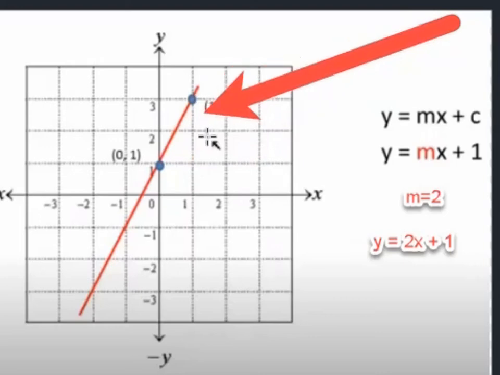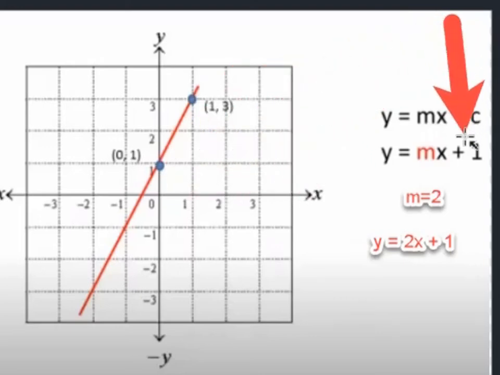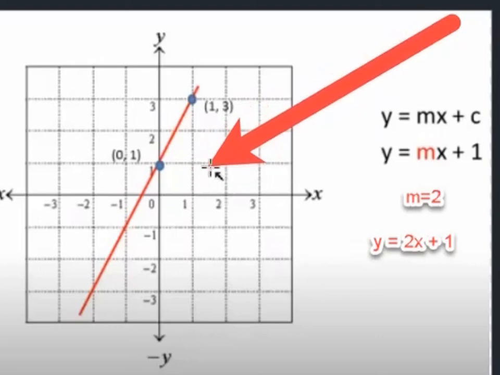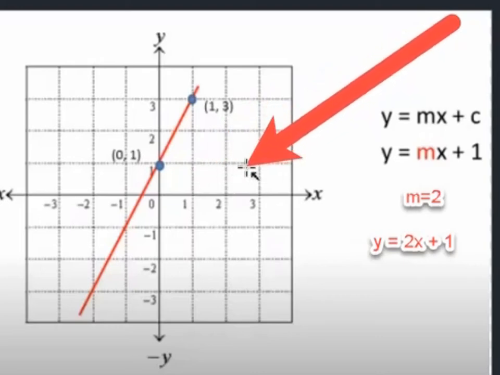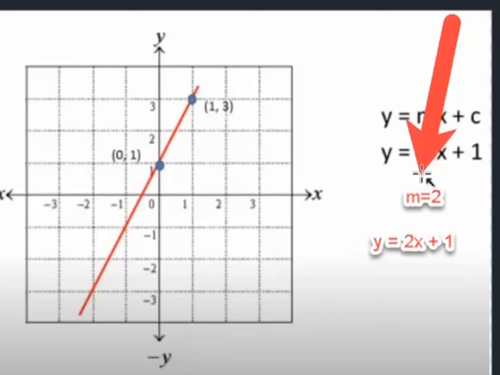In other words, when x is equal to 0, y is 1, so the constant is going to be 1, and the m is the slope. Remember, that's the rise over the run, and this line rises twice as fast as it moves across. So the rise over the run, or the slope, would be 2. So we know the equation for this line is y equals 2x plus 1.